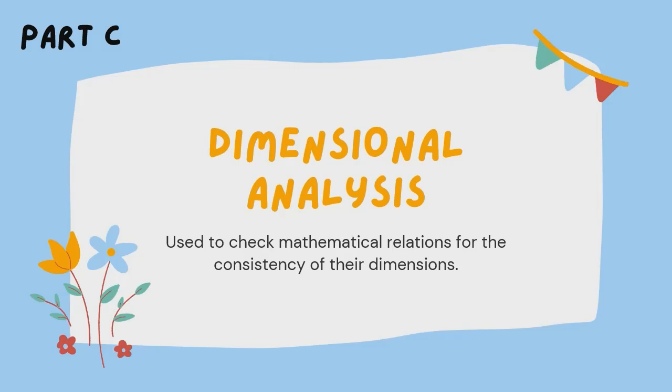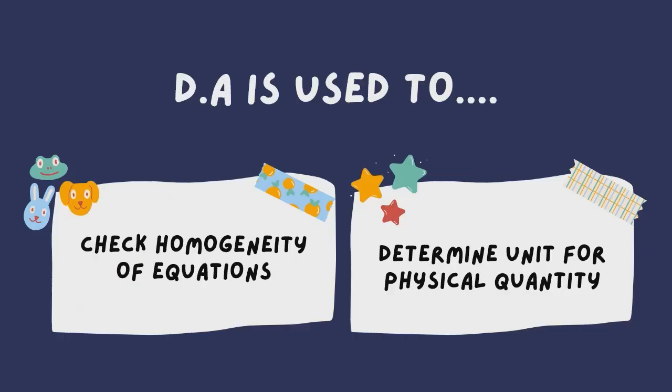What you did just now in part B, you are determining the dimension for physical quantities, right? So what you are doing actually is dimensional analysis. Dimensional analysis is actually to check whether your mathematical relation or equation is consistent in terms of their dimension. Okay, so under your syllabus is these two.